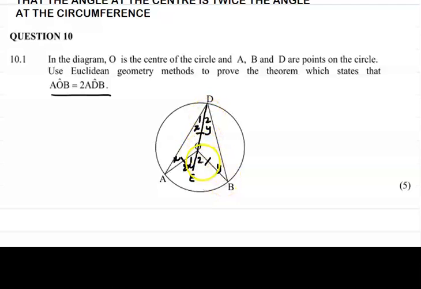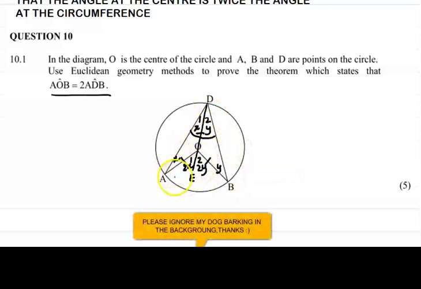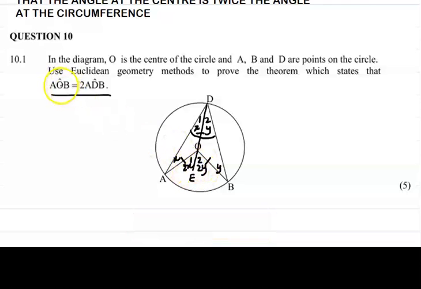Therefore, O2 is going to equal 2y. And there you go, that's our proof. If you look at it carefully, ADB is equal to x plus y, and AOB is equal to 2x plus 2y, which makes AOB 2 times ADB.